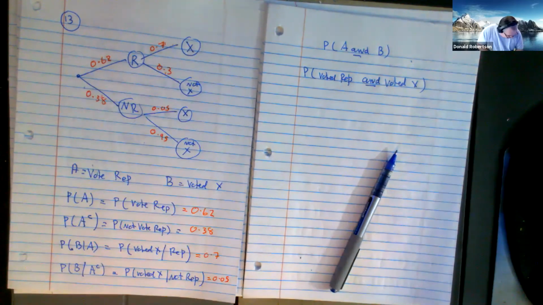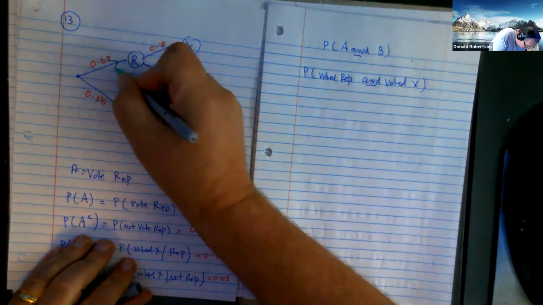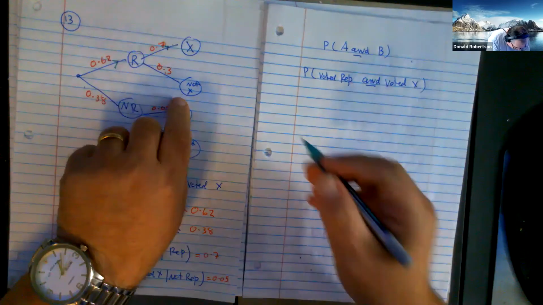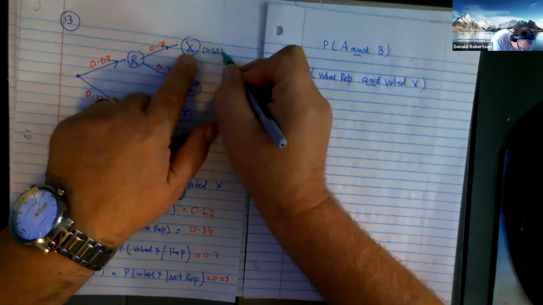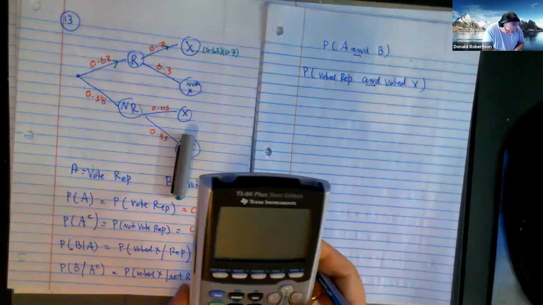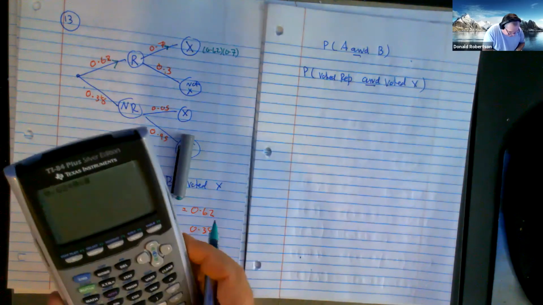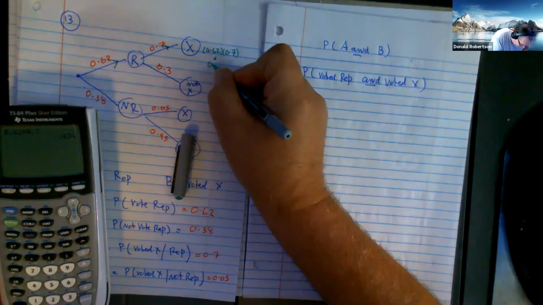And whenever you want a probability made up of from here to here and then from here to here, what you do with these two fellas is multiply them together. So if you take 0.62 and multiply it by 0.7, we get 0.434.